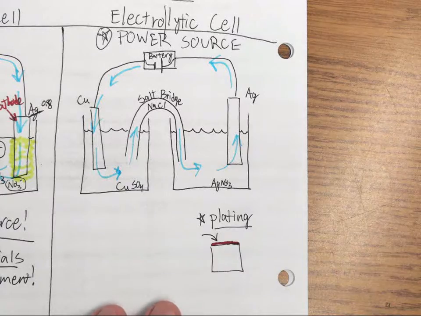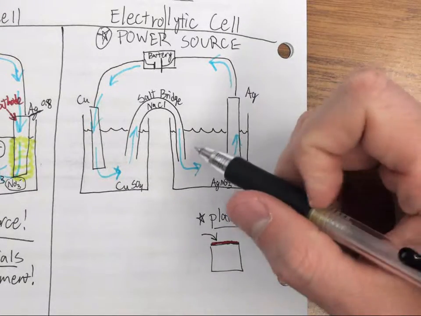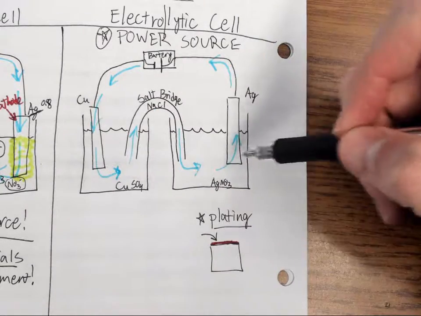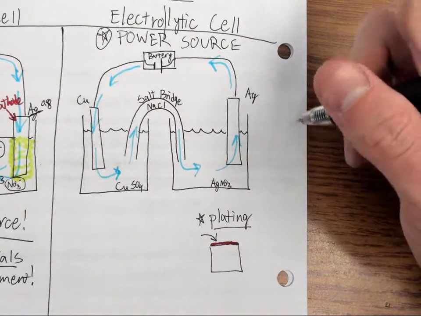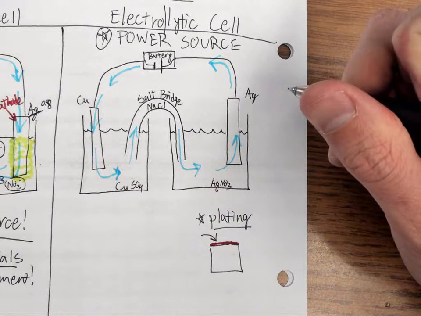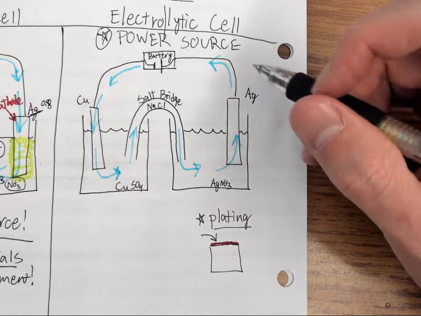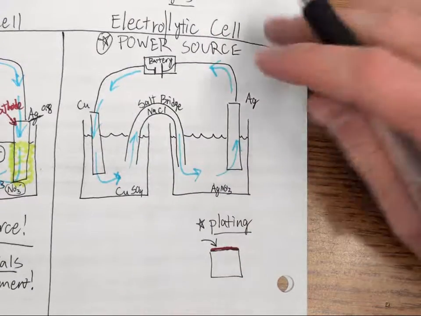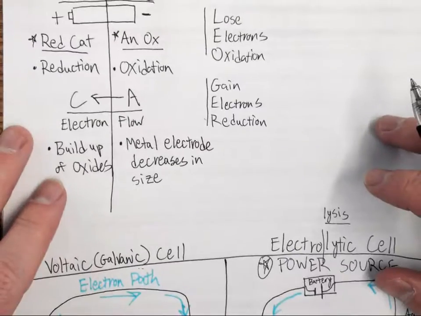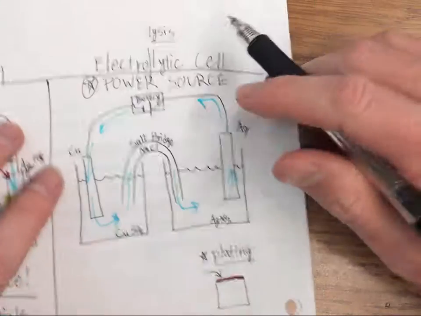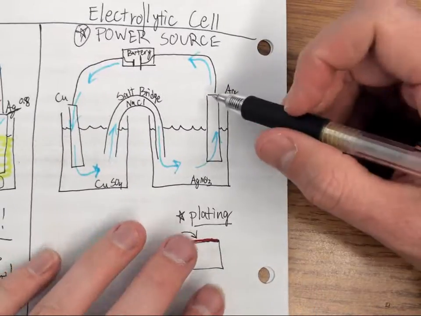Okay, so we've got plating. Now let's label our sides. Which one is the cathode? Which one's the anode? What do you think, Kim? Cathode and anode. How can we tell which one is which? It's flowing from A to C. Which one's the anode?